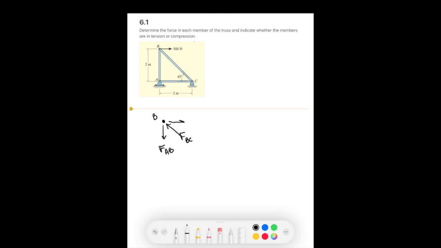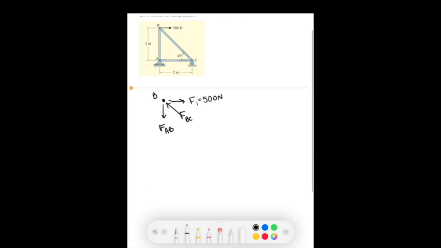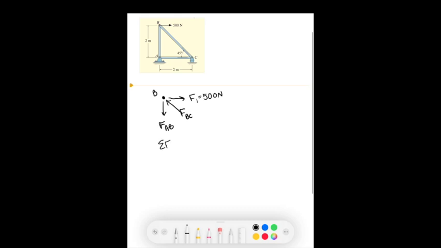And we have the external force, which I'll call F1, equal to 500 newtons. Now that we have joint B drawn, we set up our equations. We can start with the sum of the forces in the x direction.